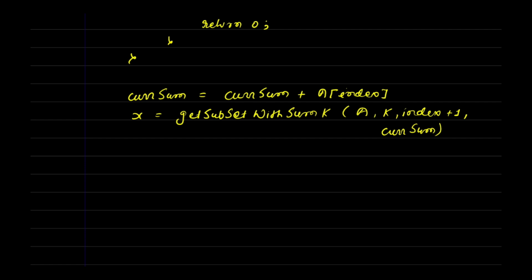Here in the backtracking, we will remove the index element from the current sum. So current sum equals current sum minus the index element.